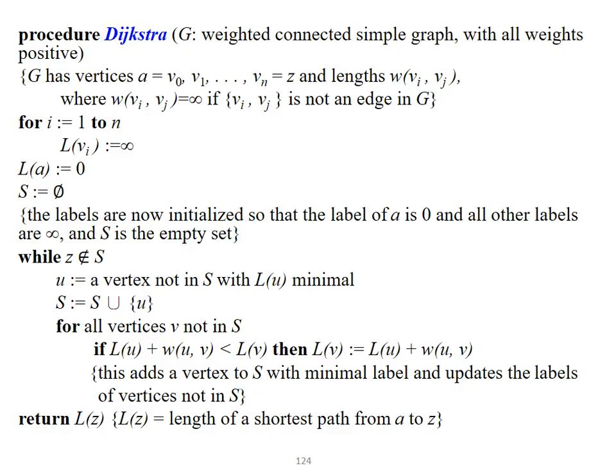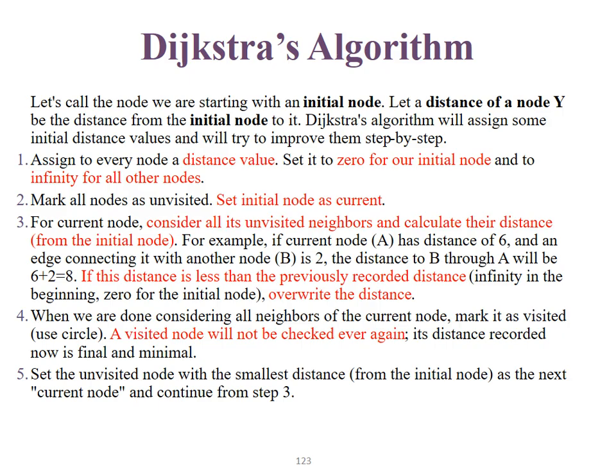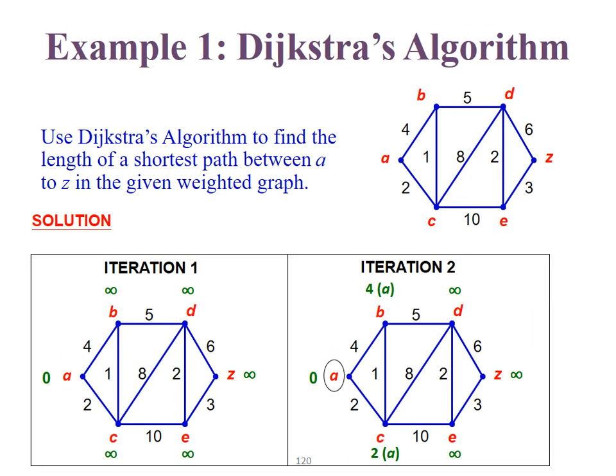Okay, very good. Greedy algorithm. This is a greedy algorithm because we are trying to discover the shortest path by each iteration. Maybe this path is the shortest among all different possible paths, and we extend one step, one step, one step until we reach the destination.